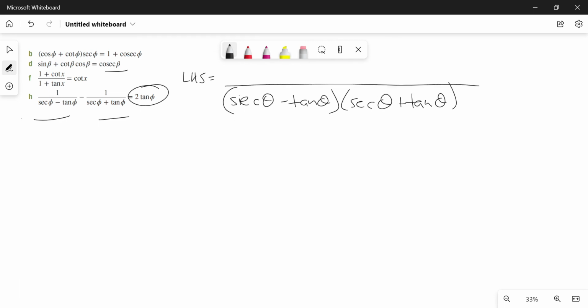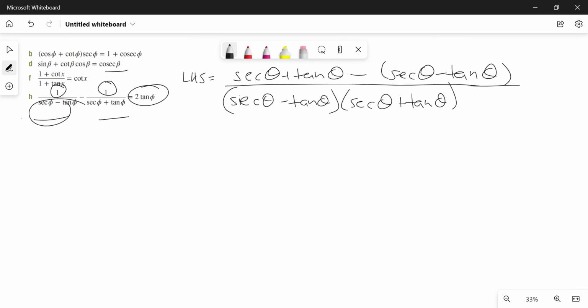If I do that, what have I done to change the top? I need to times that one by sec theta plus tan theta. And the other one, minus, it's just 1 times sec theta minus tan theta. Okay, so because we put that on, we times the original denominator by the sec minus tan.